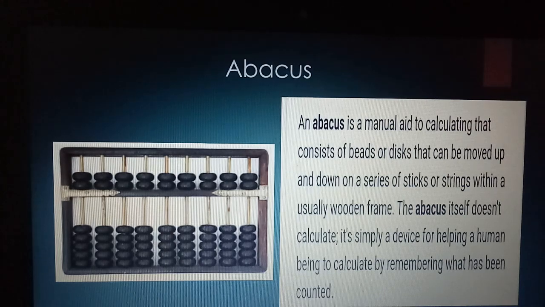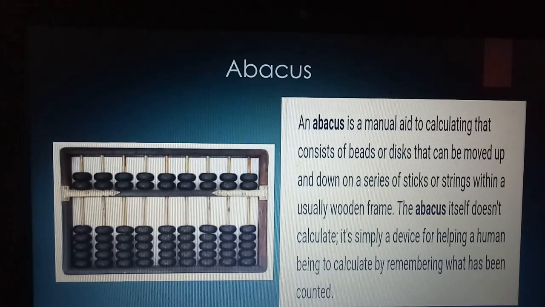Normally nowadays in a calculator or computer, we type numbers and as we press equal to, we automatically get the answer. But here you have to remember which bit you are moving up, which you are moving down, and the stage you are at. So here your brain, your memory, comes in.